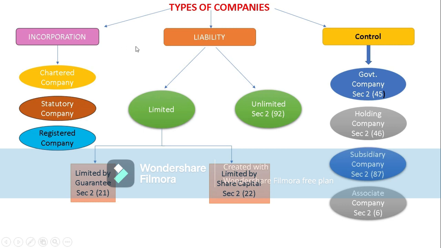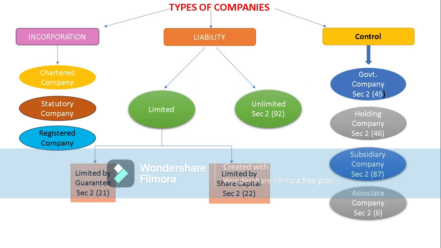And coming to the second aspect, types of companies means classification on the basis of liability. Liability means the person is responsible or obliged to the company or to a member. How would that responsibility, that liability, be?